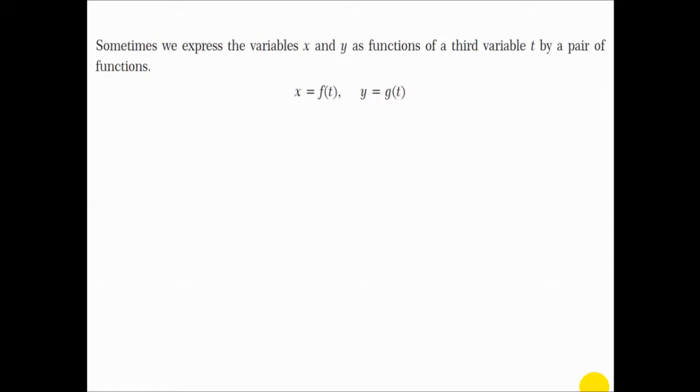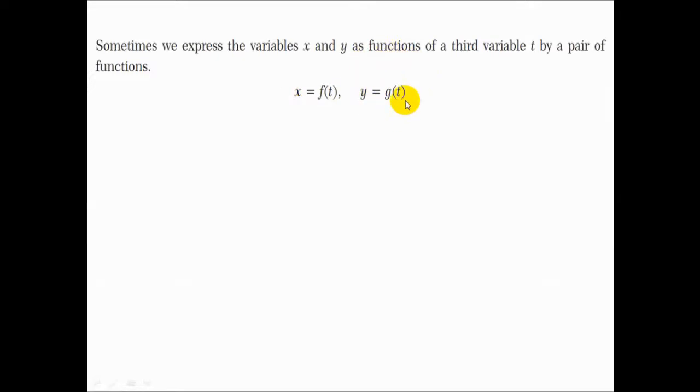Sometimes we express the variables x and y as functions of a third variable t by a pair of functions. For example, we have x is equal to f(t) and y is equal to g(t).